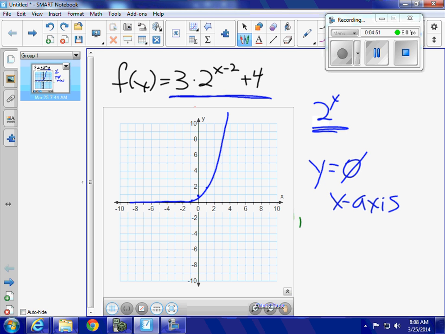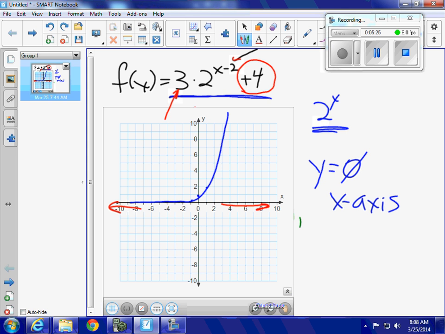But with my transformation, I'm going to be stretching it by a value of 3, which will not affect my asymptote. I'm going to be shifting it to the right by 2. But shifting it to the right, or to the left even, is not going to affect any horizontal asymptote. But I'm also moving it up by 4. And that is going to affect the horizontal asymptote.